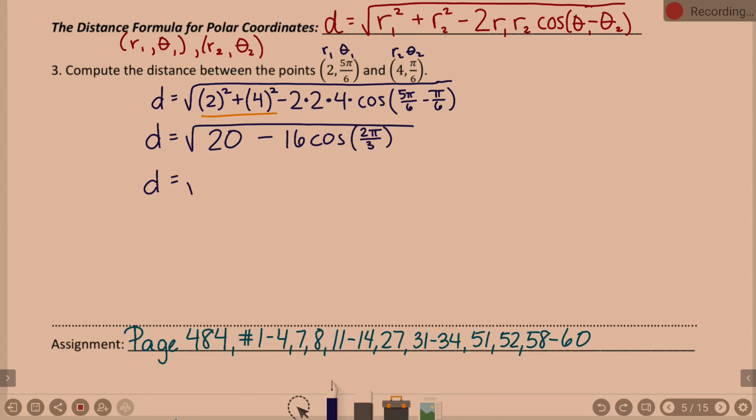Okay, keep going. At least one more step. No, I cannot do 20 minus 16 because 16 is attached to the cosine. 20 minus 16 times. Okay, guys, we're doing this by hand first because I want to make sure you can think about it. Cosine of 2 pi over 3.